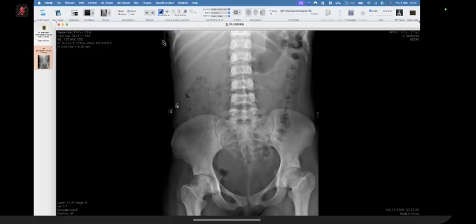And the presence of H-shaped vertebrae in this projection with these findings makes me think of sickle cell disease. However, I would correlate my findings if there is any prior imaging available, or if there is any prior history of any hemoglobinopathy.